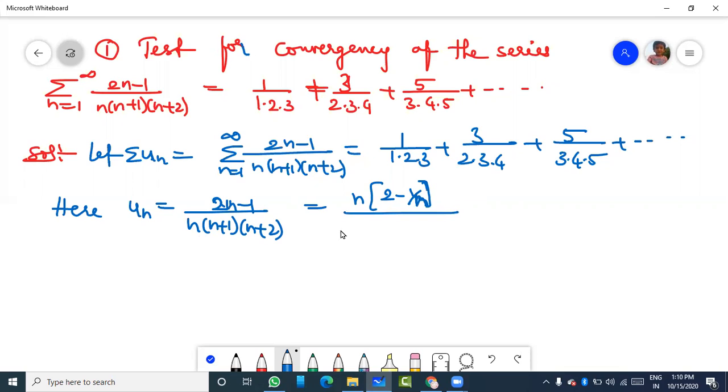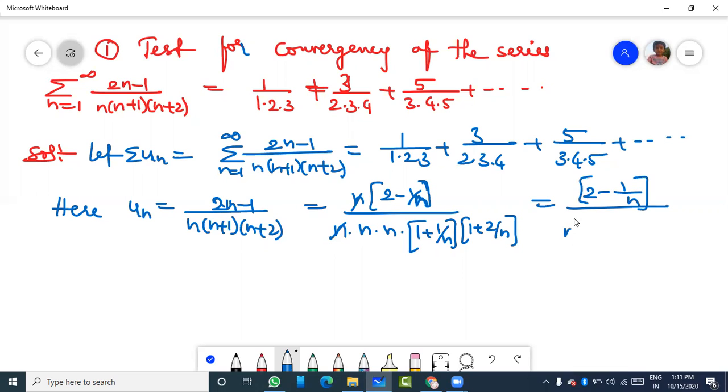In the denominator, n is common in the first factor, in the second factor n is common, and in the third factor n is common. Then it is n times (1 plus 1 by n) into (1 plus 2 by n). The n get cancelled. It is equal to (2 minus 1 by n) by n square into (1 plus 1 by n) into (1 plus 2 by n).